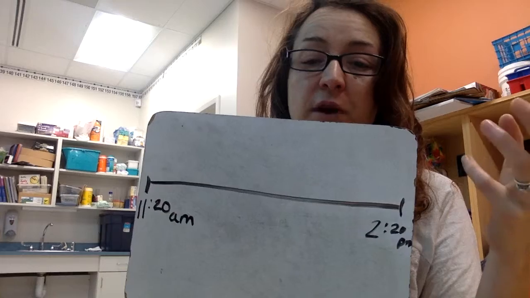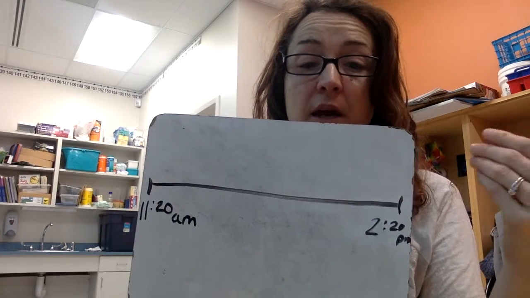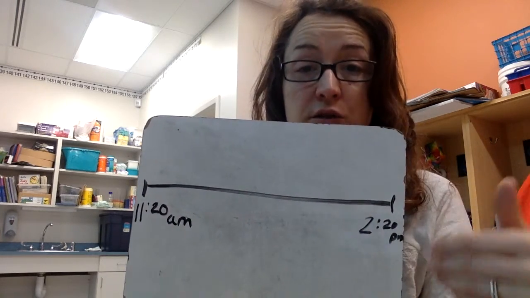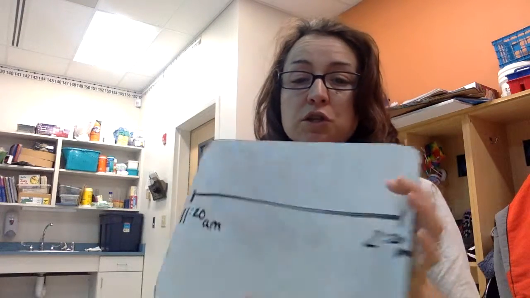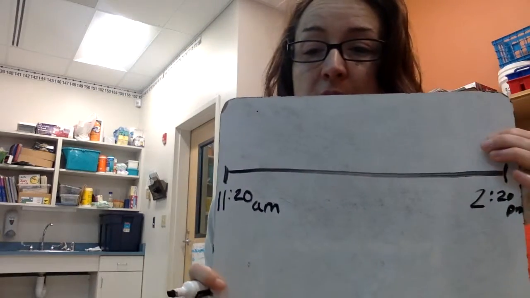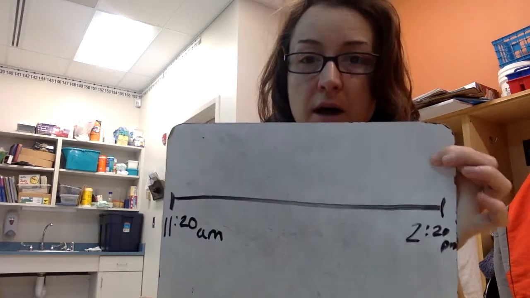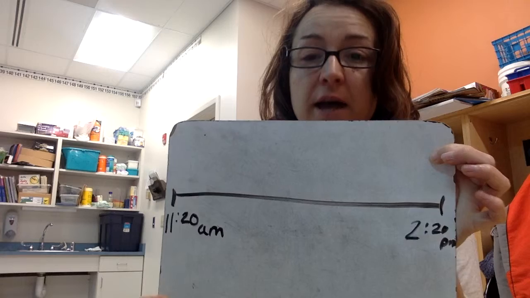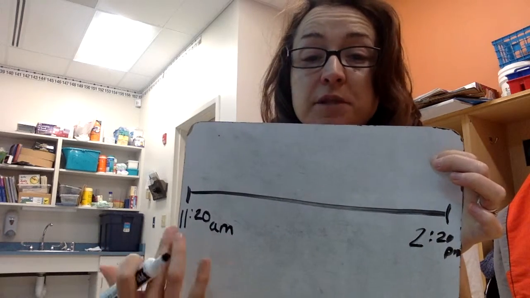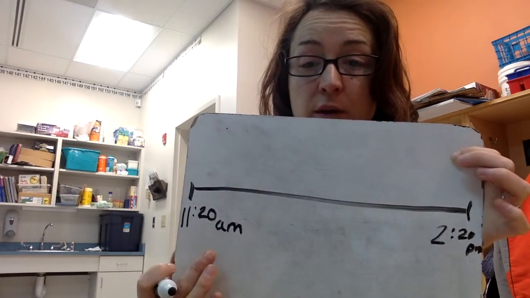So what I need to figure out is the elapsed time between 11:20 and 2:20. I'm going to use my number line and go into intervals of time to help me decide the elapsed time.